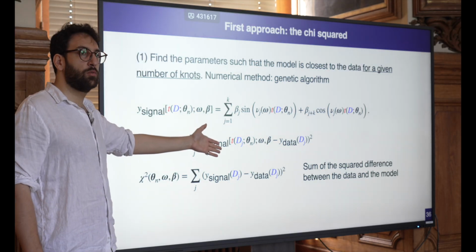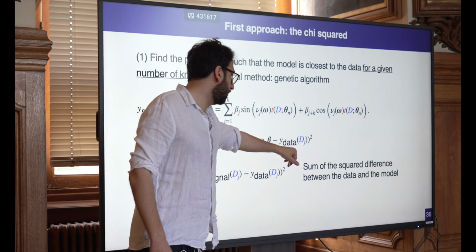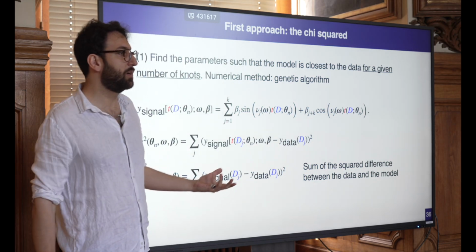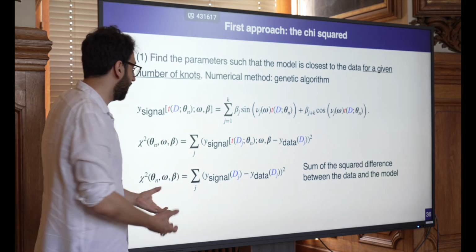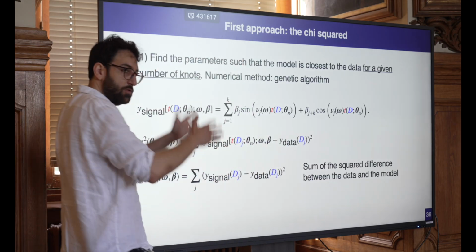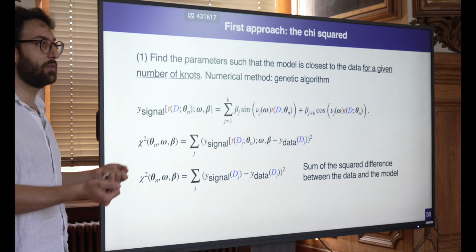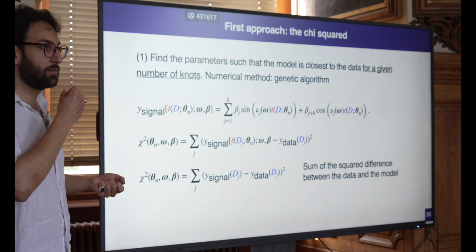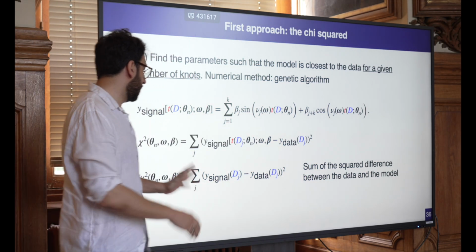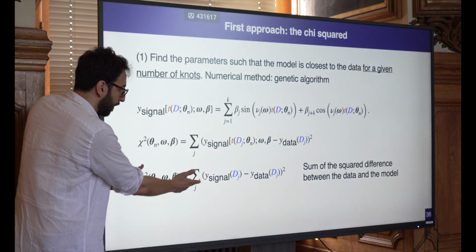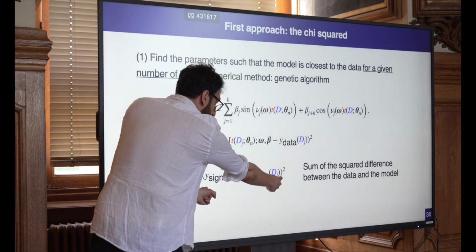So, you might know the chi-squared, the difference between your model and the data squared at each depth. This is something that you might be familiar with. Every time you want to fit something, basically you have your model minus the data, you square it, and you try to minimize it. You try to minimize the distance between your model and the data. I rewrote it like this without the parameters to make very clear that it's basically the difference between your model and the data squared.